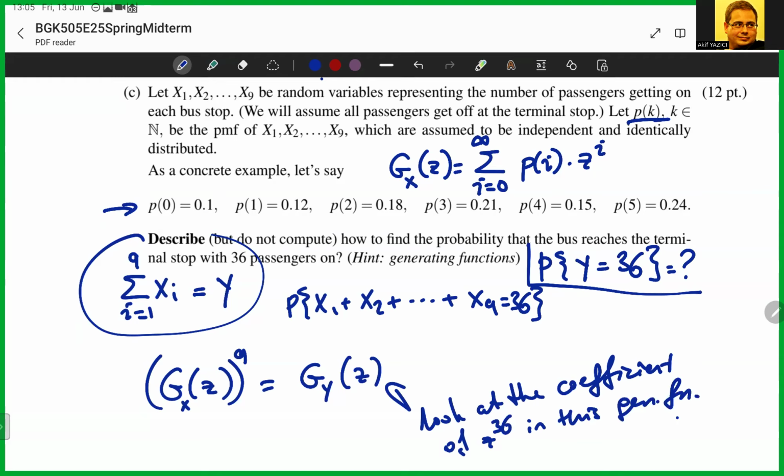It will comprise all possible scenarios where the X's add up to 36, and that coefficient will give you the sum of the corresponding products of probabilities. The probability that the sum of these 9 X's will add up to 36 is going to appear in the coefficient of the term z to the power 36 in the generating function of random variable Y.